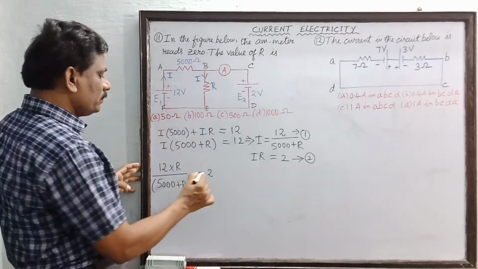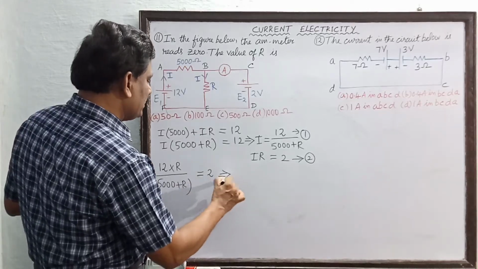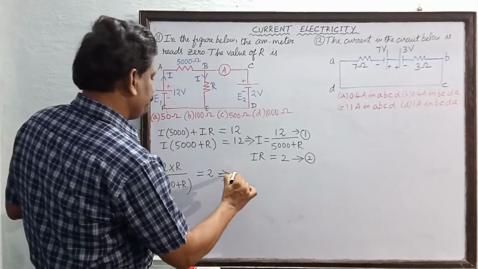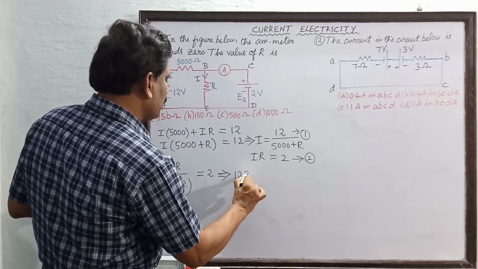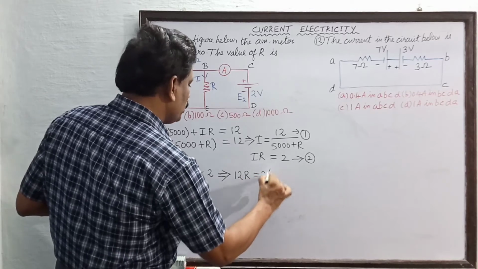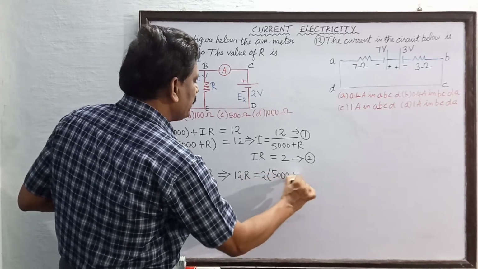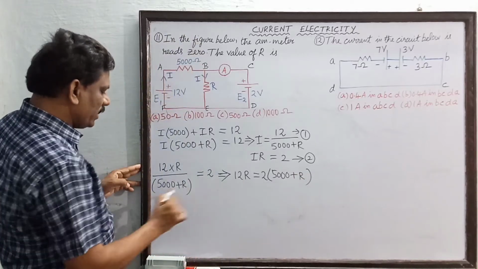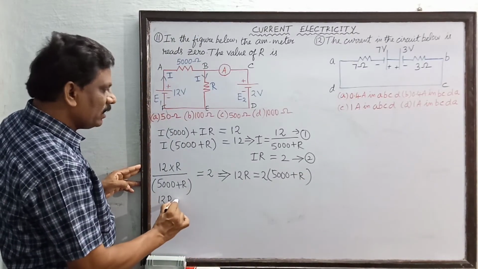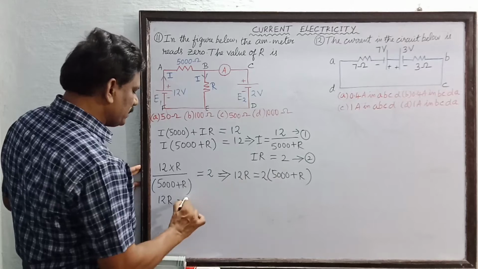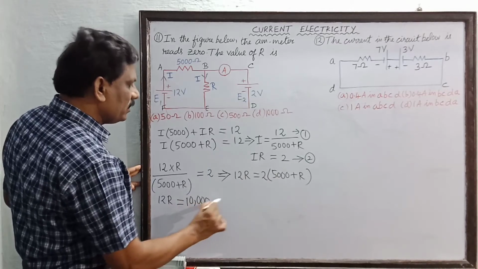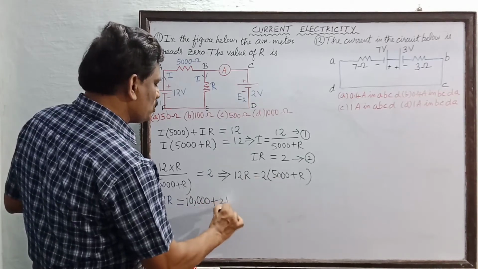This implies 12R is equal to 2 into (5000 plus R). So 12R is equal to 10,000 plus 2R.